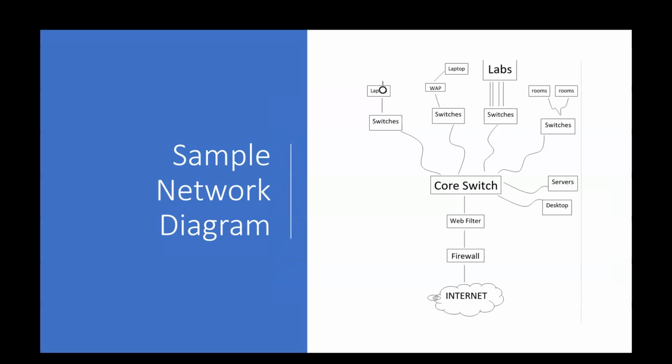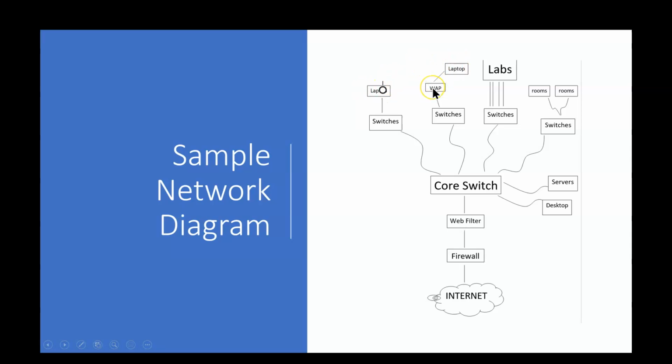This is a sample network. So you have the core switch in the middle, and servers connected to it, some computers connected to it, other switches going around the building at different parts of the building. And you can see that these might connect to desktop computers or laptops.